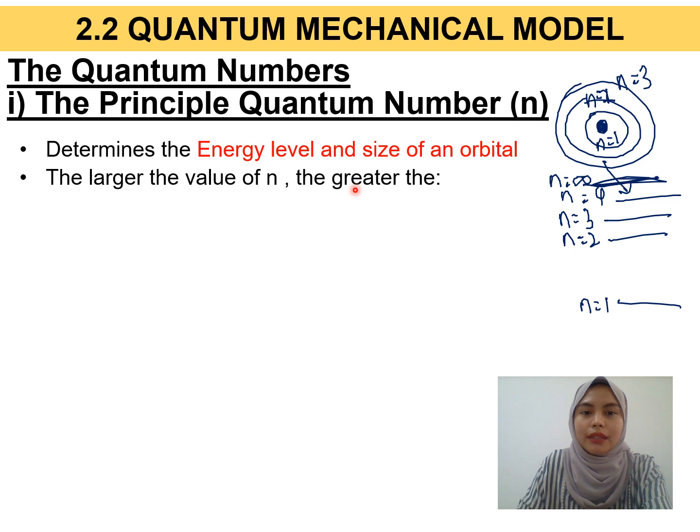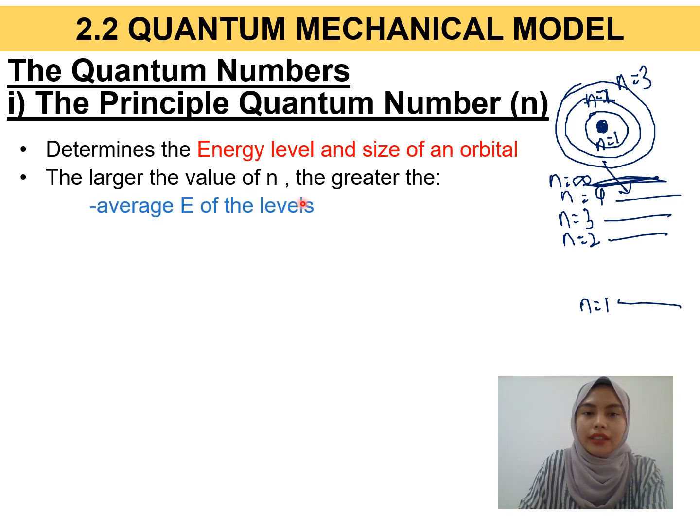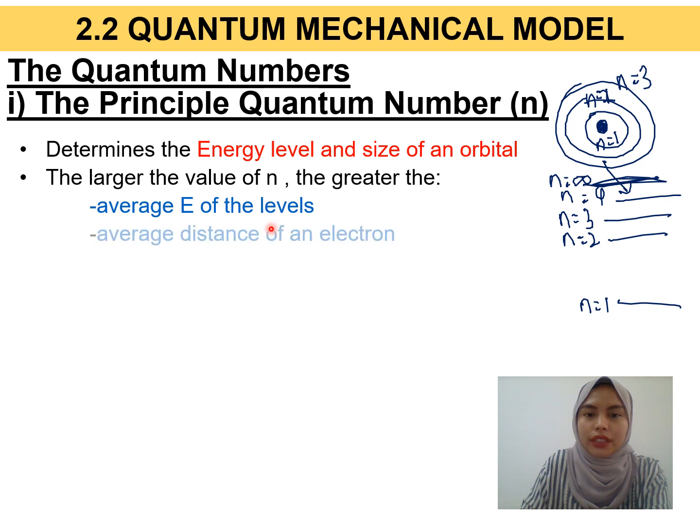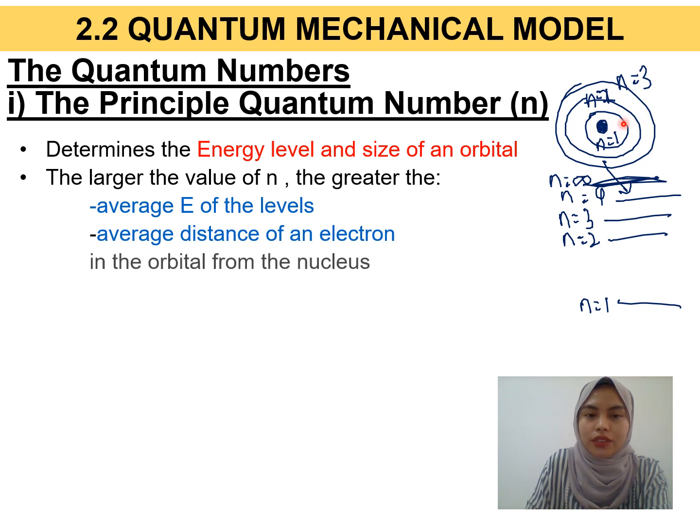Okay, the greater the value of N, the greater the average energy of the levels, and the larger the orbit. And also, the greater the average distance of an electron.